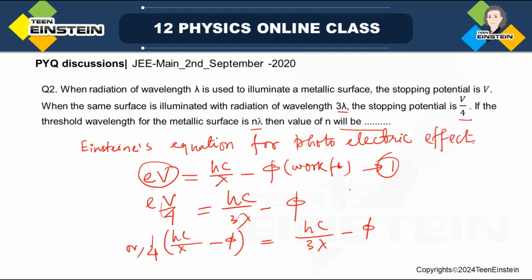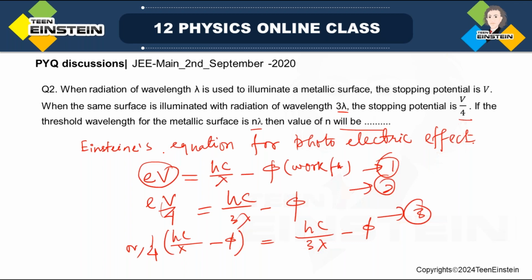This is equation 1, this is equation 2. Now I can find out phi from here. You have been asked to find the threshold wavelength. That means you need to know the work function, and corresponding to that work function you will get the energy.